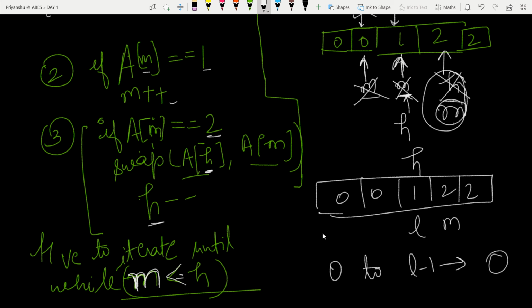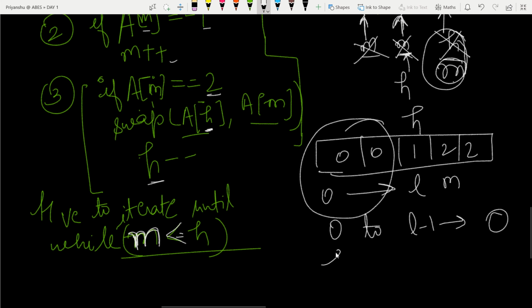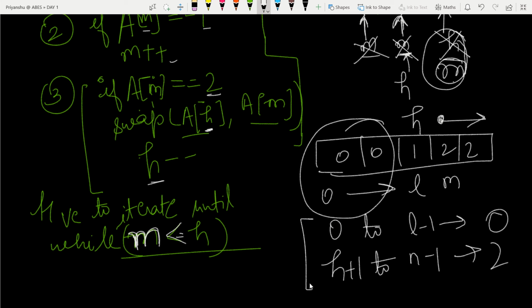Yes, they are. All the elements from H plus 1 to N minus 1 are 2, that is from this index to the end of the array. Yes, they are 2. So the invariant is true.